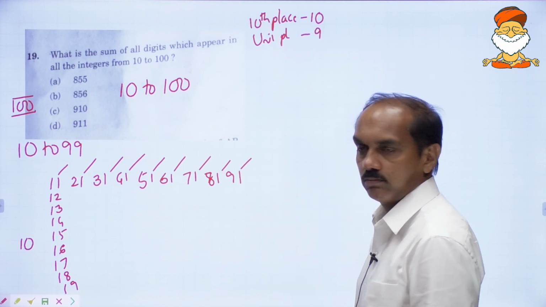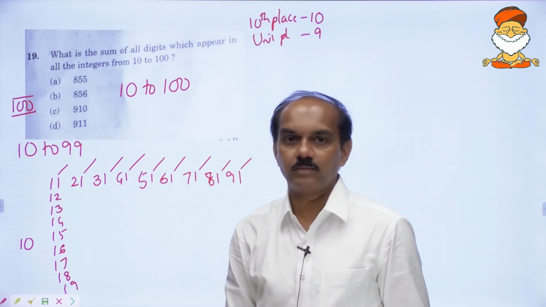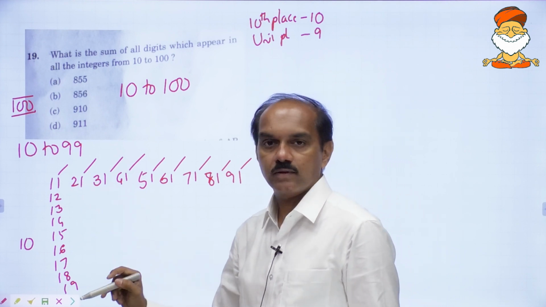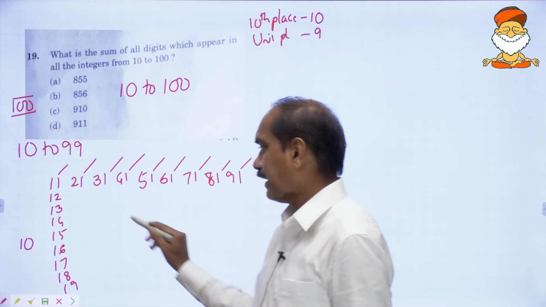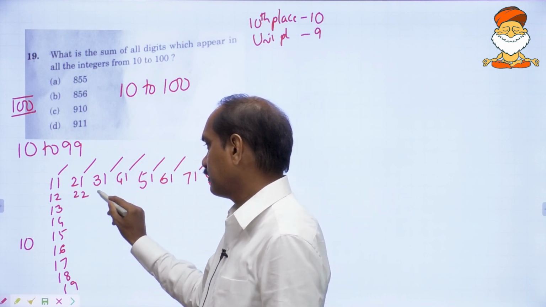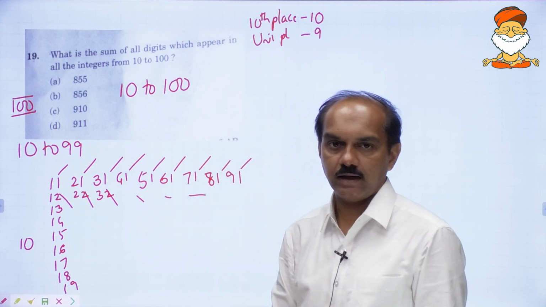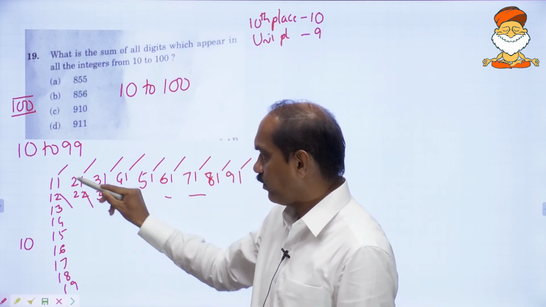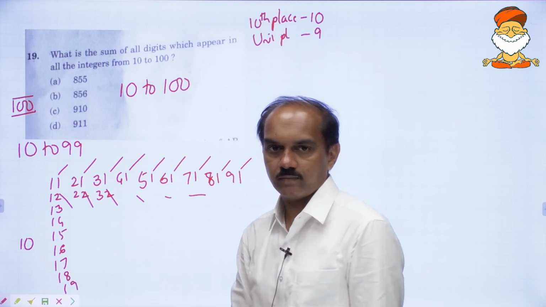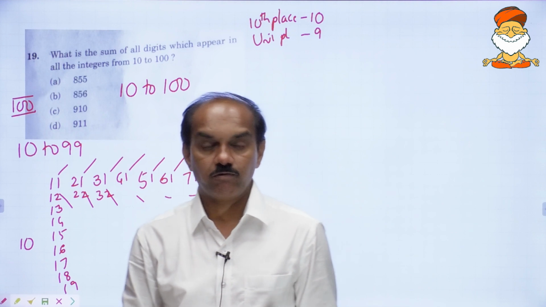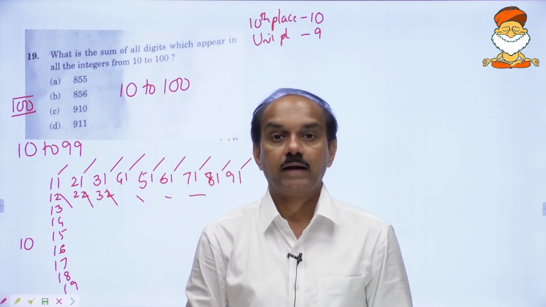And how about 2? 2 also the same thing. 10th place 10 times, unit place 9 times. 1, 2, 3, these many 9 times. And 20, 21, 22, 23, meaning each and every digit will appear 19 times.